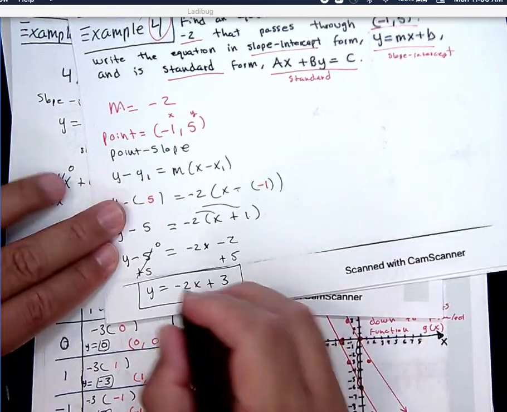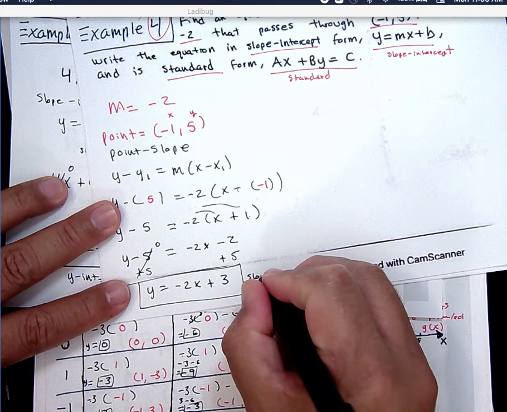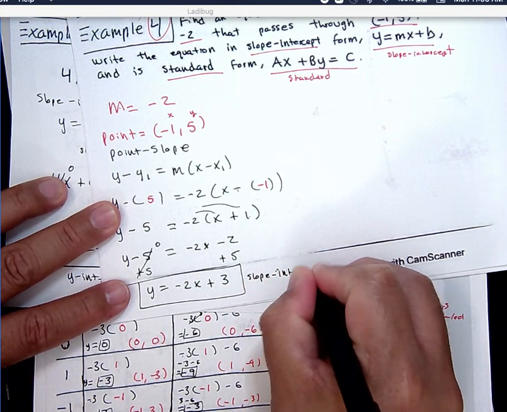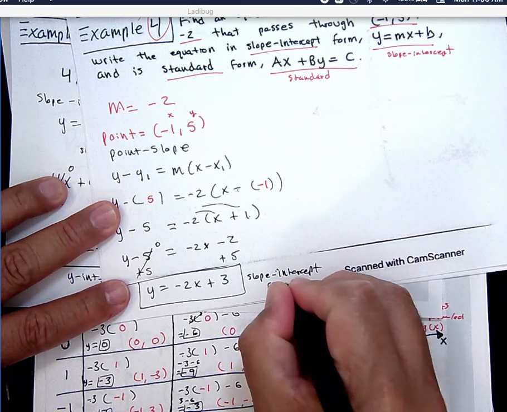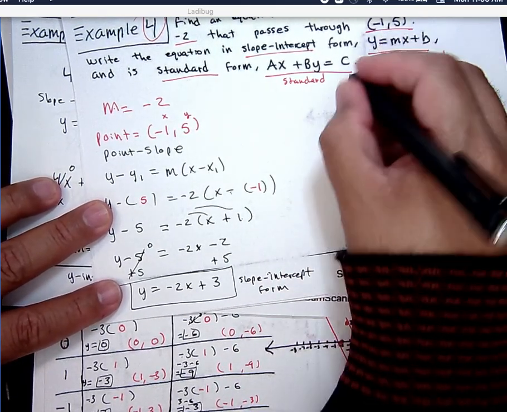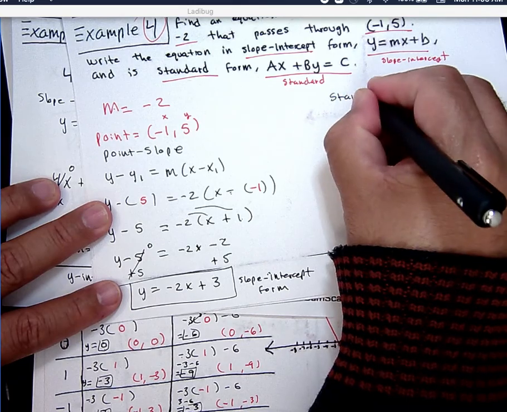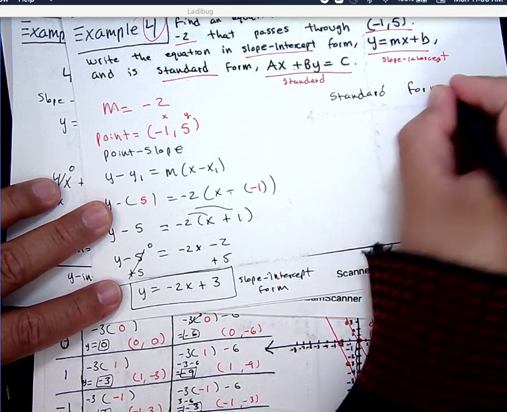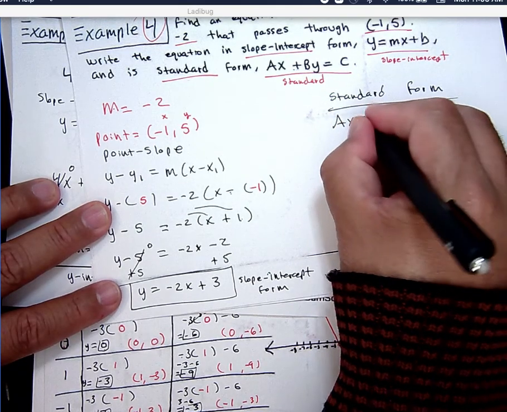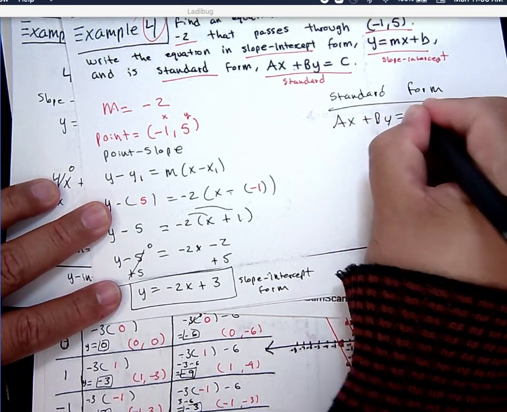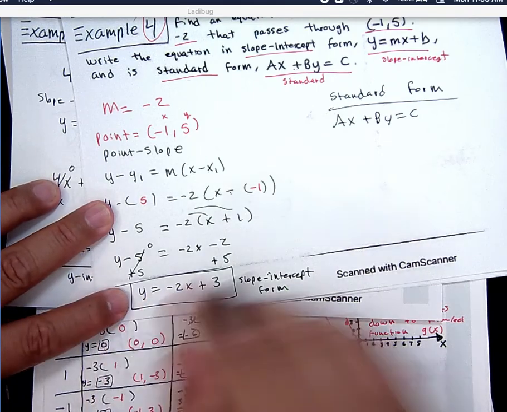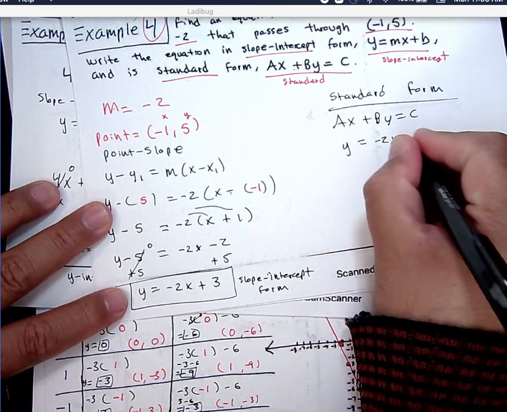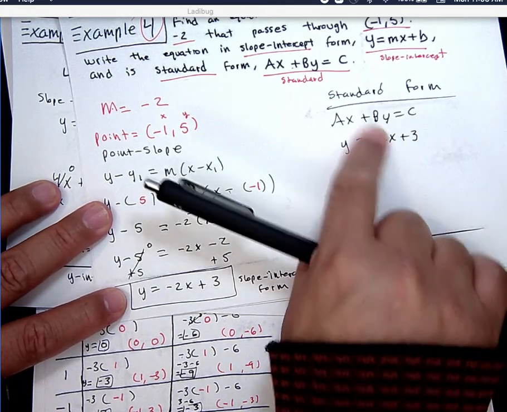So this is the slope-intercept form. Now we need to find the standard form because they want that too. Standard form looks like this. Okay, so grab that equation again, the one we found, and make it look like this.